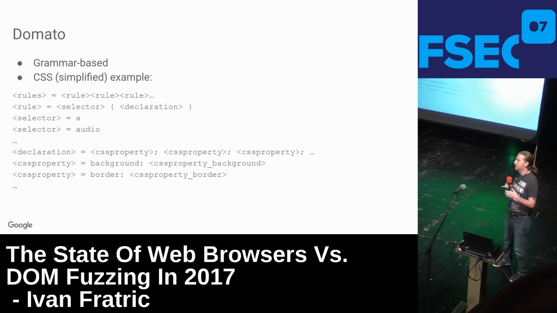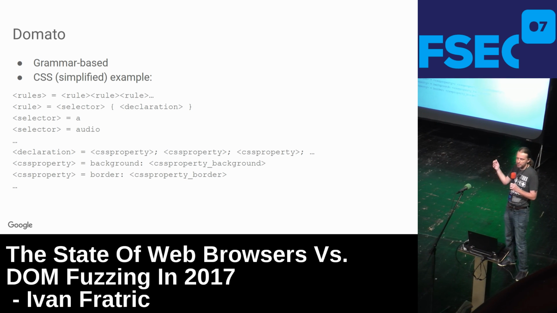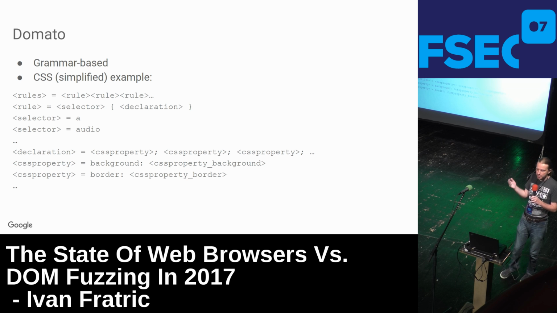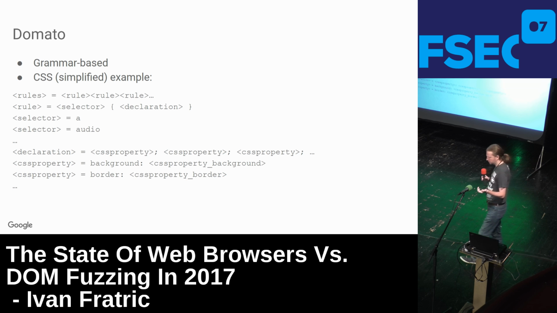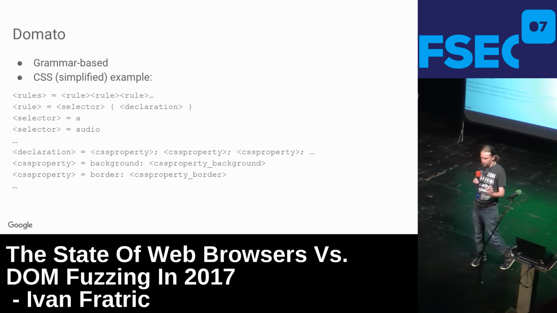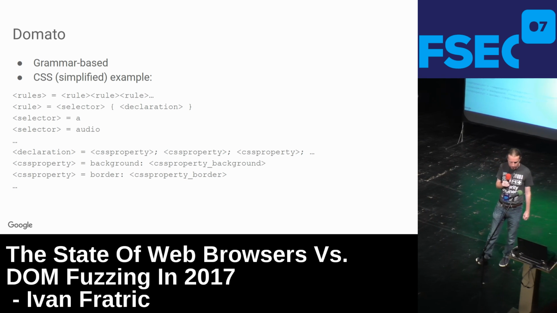And then the selector part can refer to various HTML elements such as anchor element or an audio element. And the declaration part consists of a list of properties, and these properties can be, for example, background property or border property, and each of them have their values. So I think the grammar syntax here should be rather straightforward to read.